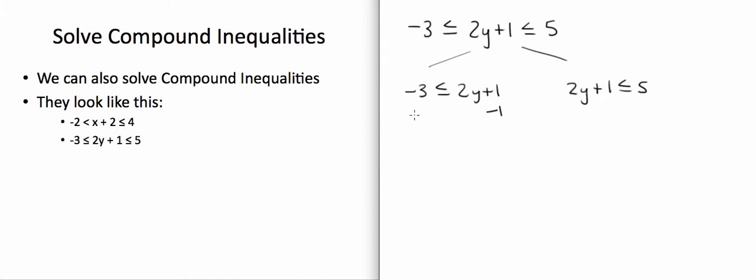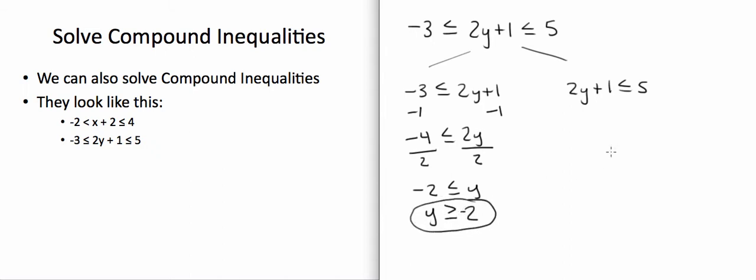So we're going to subtract 1 here. So that's going to give us -4 is less than or equal to 2y. Then we're going to divide by 2. And we get -2 is less than or equal to y. We flip that around to get our inequality that we'll end up graphing.